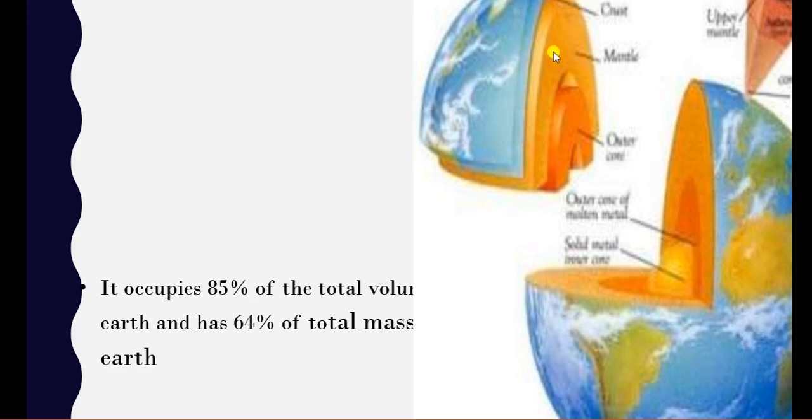This is the mantle, and you can see the mantle is huge in size. As written here, it occupies 85% of the total volume of earth, and this is very evident if we see the picture of this mantle. And the core is not any thinner. It's only one layer, the top layer, which is the thinnest of all, that is the crust.